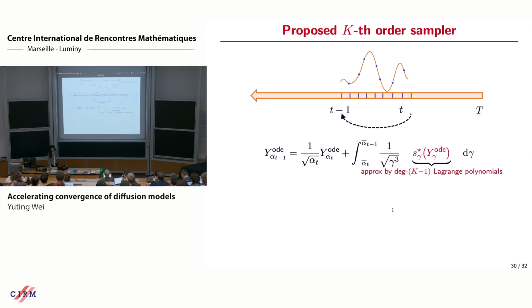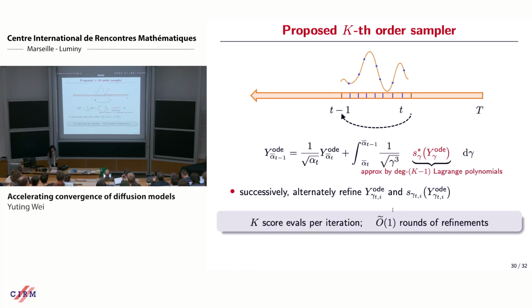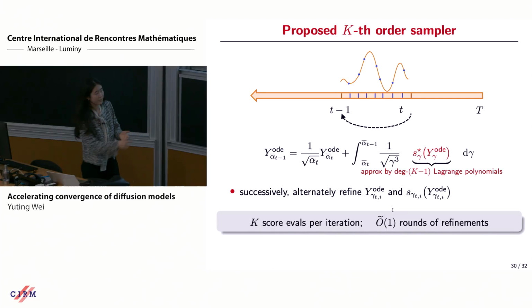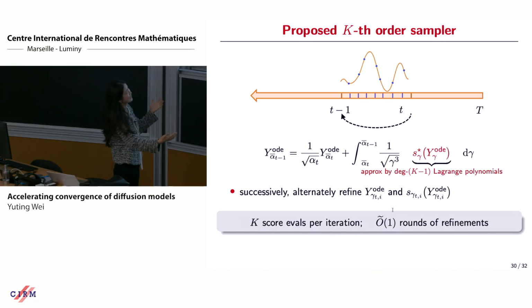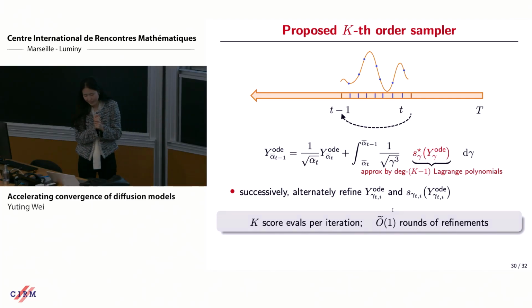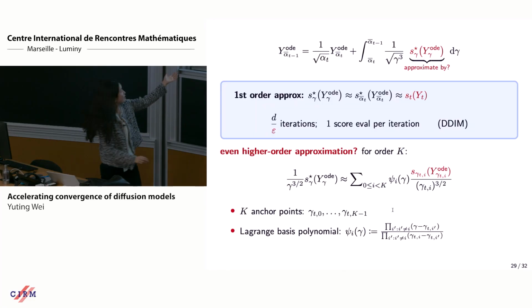Basically, you want to approximate this complicated function using Lagrange polynomials with k different points, estimate the corresponding score function at those k points, and then construct an estimator for the integration.